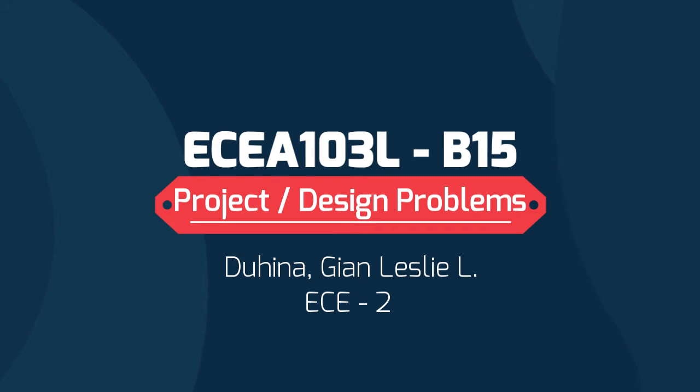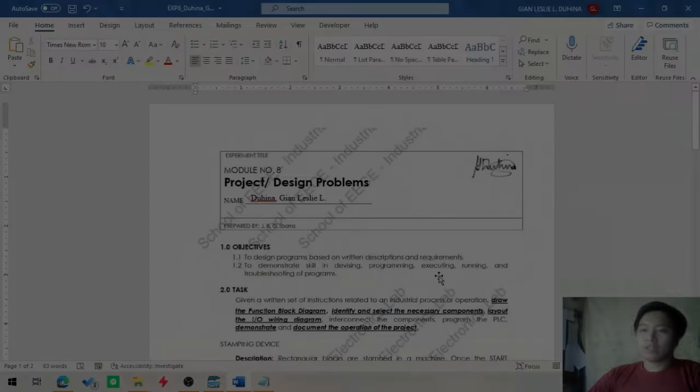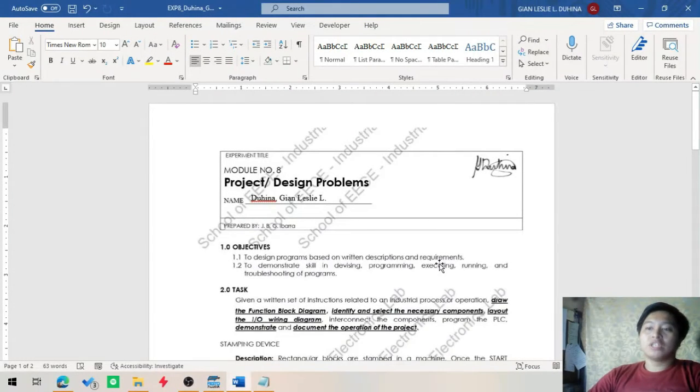So to tackle laboratory experiment 8, here are the objectives: to design programs based on written description and requirements, to demonstrate skill in devising, programming, executing, running, and troubleshooting of programs.